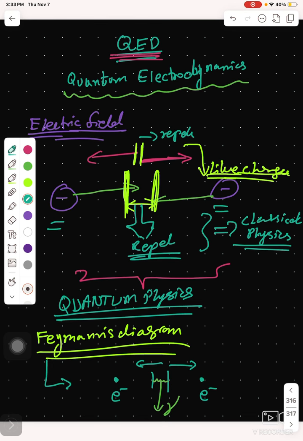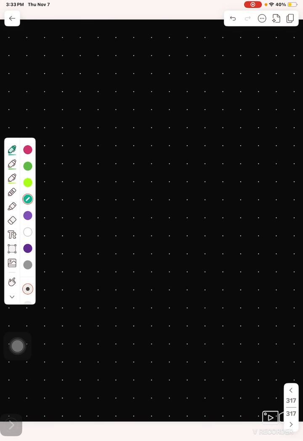How I will say in terms of Feynman's diagram is that if, let's suppose, we have a particle here and a particle here.